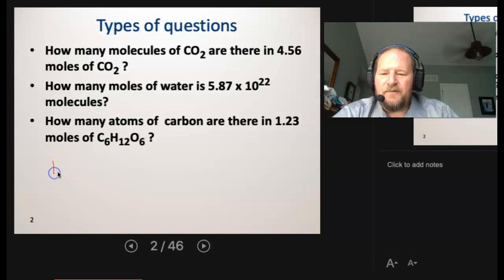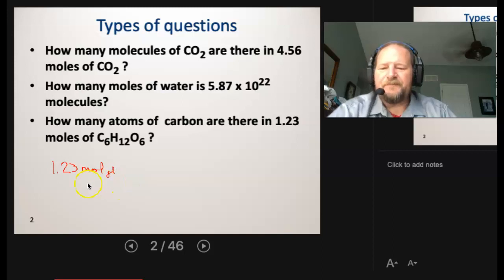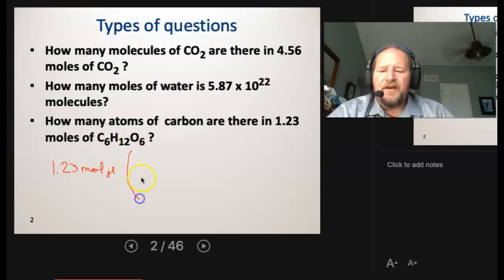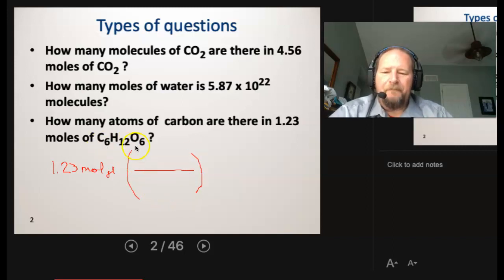All right, so we're going to start with 1.23 mole. And I'm simply going to put GL for glucose. I want to get rid of moles. My connection to moles is going to be particles. However, this is a molecule, and I'm looking for atoms.